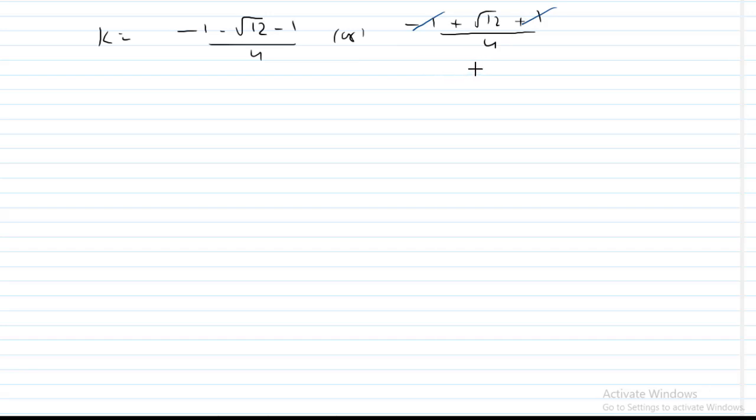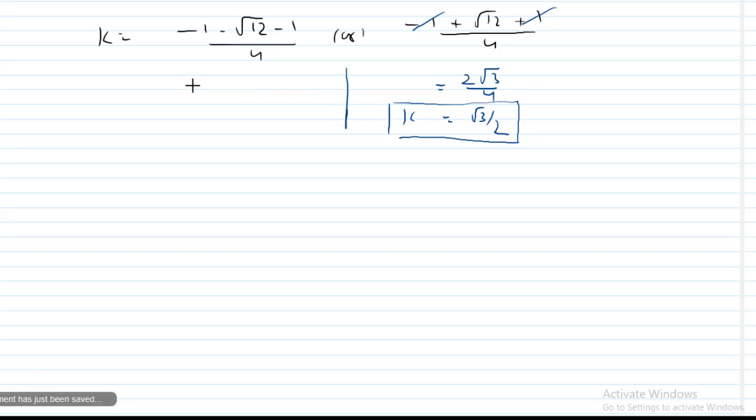So this is 2√3/4, which is the same as √3/2, one k value. Another k value here: -2√3/4, or (-1 - √3)/2.